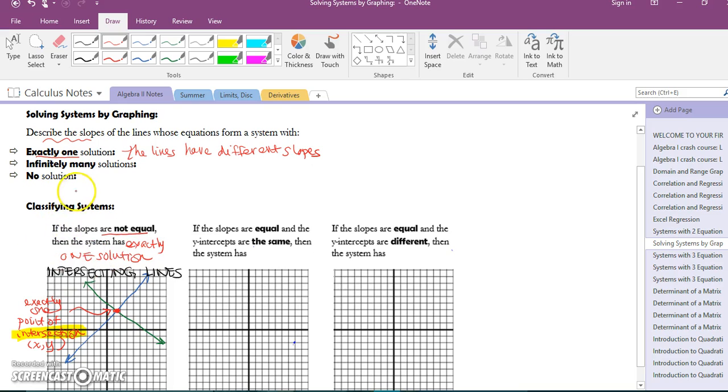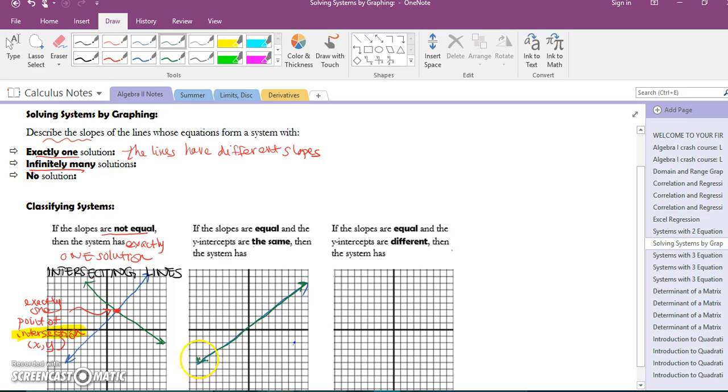Now, if I picture a system where whenever you solve it and you do elimination or substitution, you could also end up with a system that has infinitely many solutions. Now, if you have 2 different lines and there's infinitely many solutions, the only way that could happen is if you have the same exact line. So if I had one line that looked like this, and then another line that was the exact same thing.